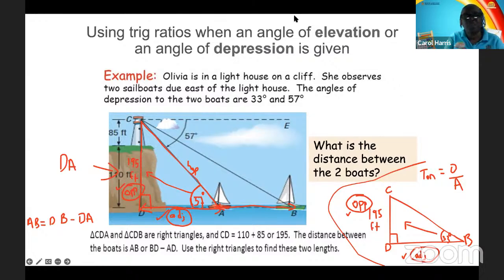No, I shouldn't say that. Because if I'm dealing with sine, I would use the hypotenuse. But when I talk about opposite and adjacent, it's always in relation to the angles that are not right angles. So I wouldn't ask for the sine of the 90-degree angle. I would ask either for the sine of the 57 or the sine of the 33.